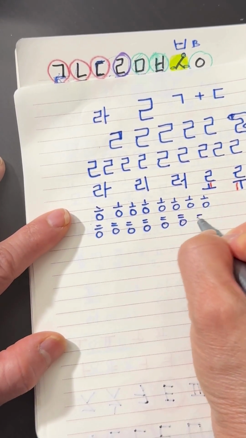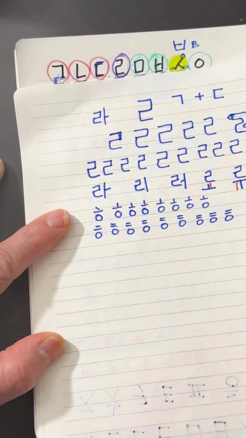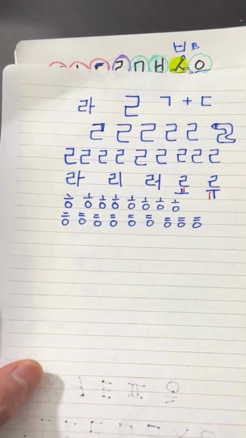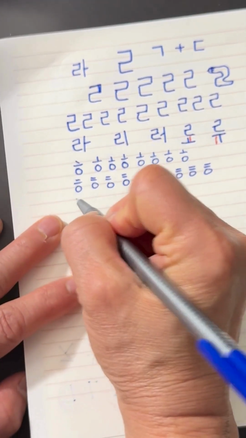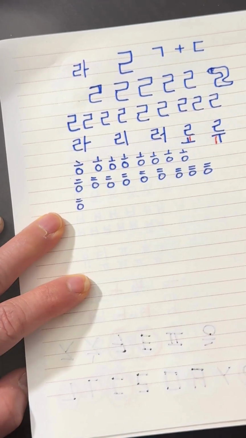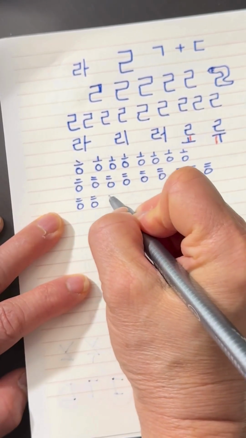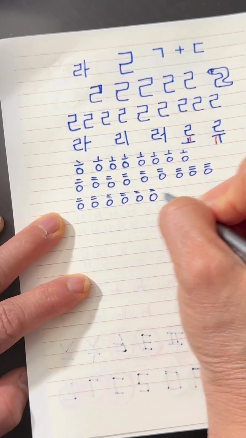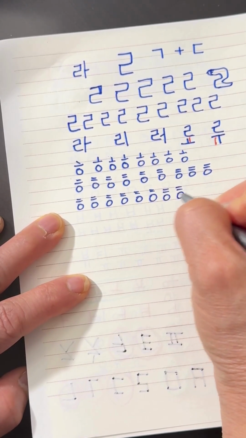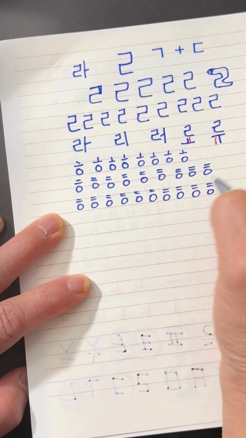You could write Korean fast. Let's say hu and then write it 10 times fast.